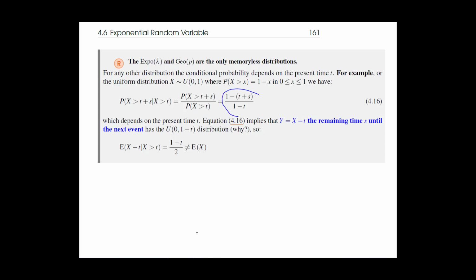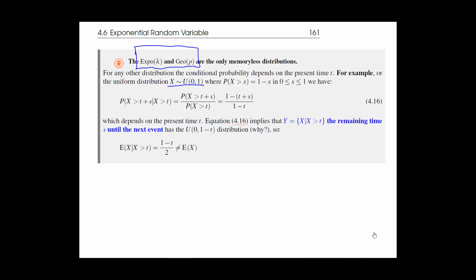This property has t in it. That's what makes the exponential and geometric so useful in practice. And the remaining time until the next event, if it's not geometric or exponential, is going to be something other than your regular expected value of x.